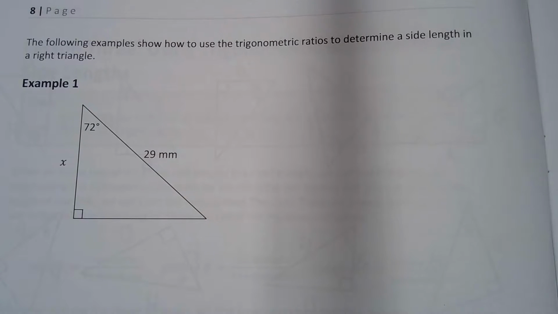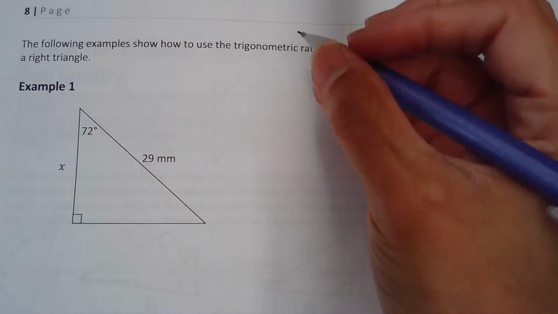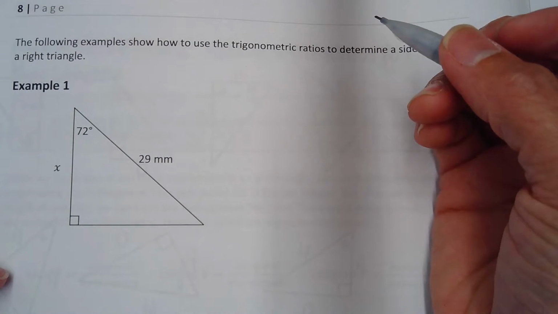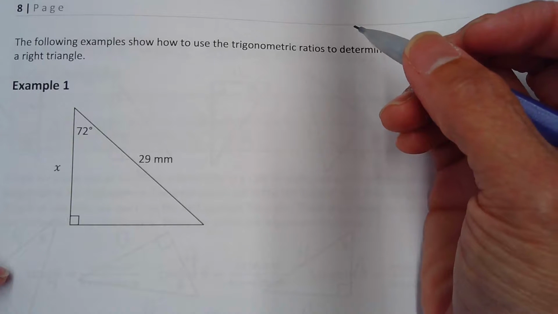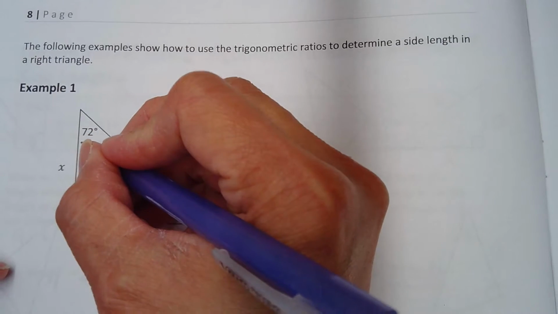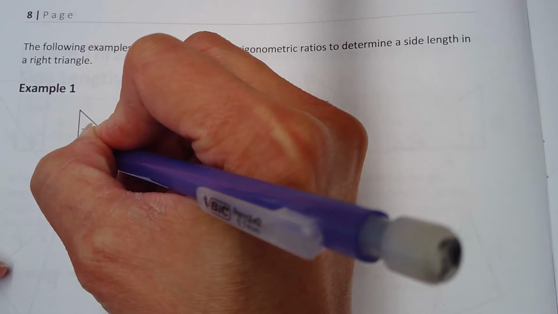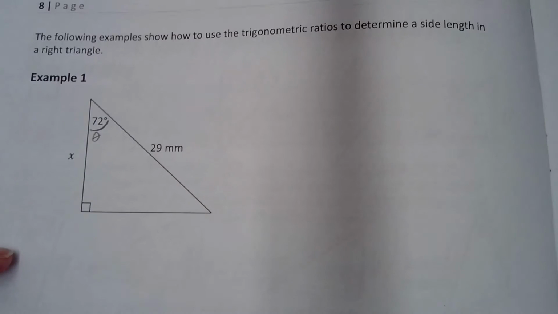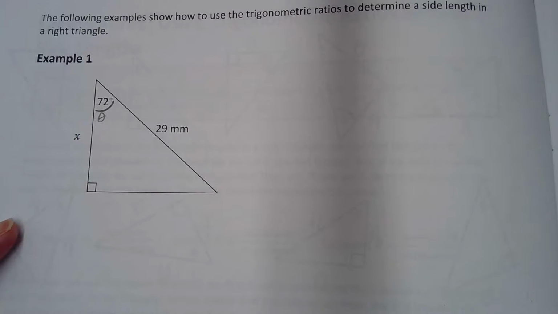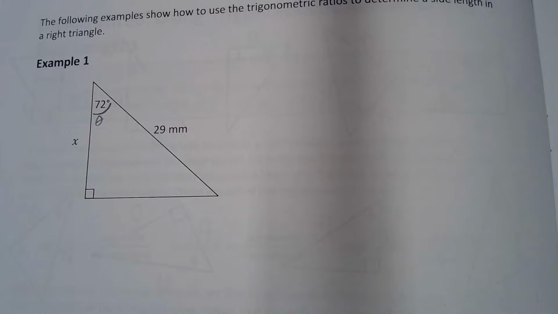So the first step is to locate your angle. Where is your angle? Your angle, your theta, is up here. This is your theta, 72 degrees. Theta is a symbol for the angle.